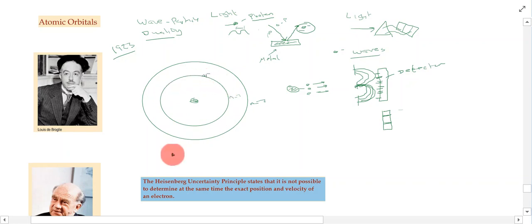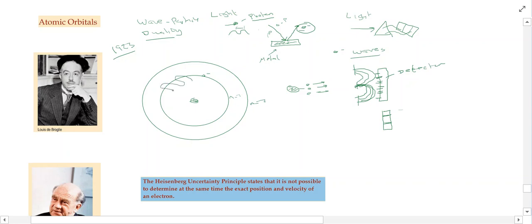And if we take these observations that were made by de Broglie, this puts the whole model into question. Because basically what it's saying is that the electron, instead of behaving like a particle, is actually behaving like a wave.